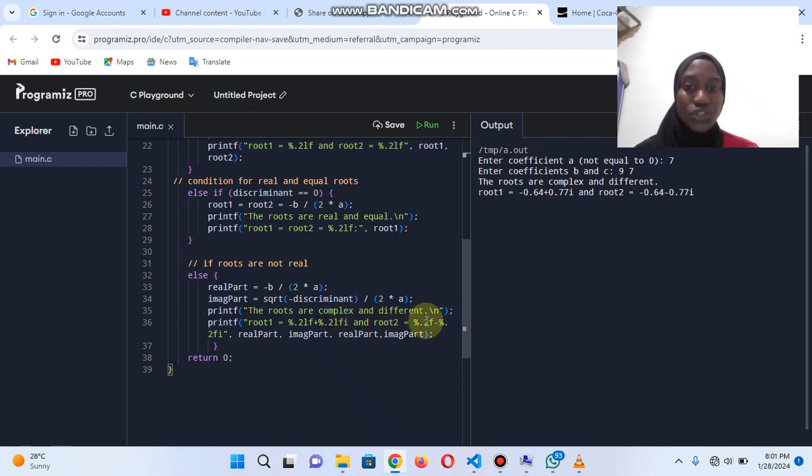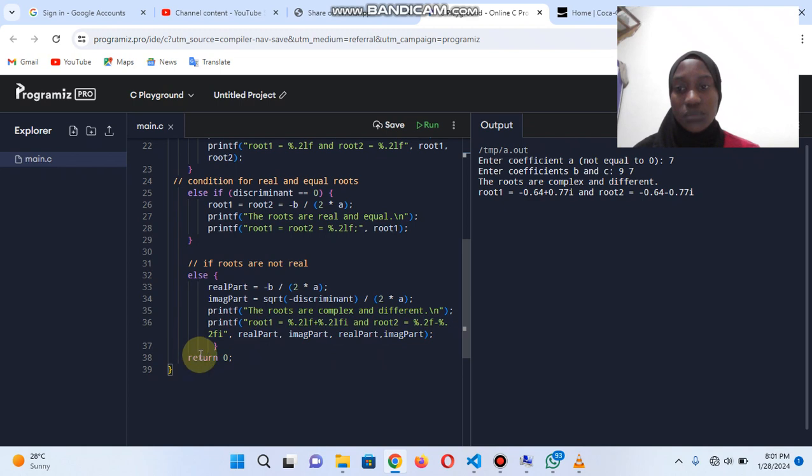And root 2 is going to have this minus this i. This is its real part and this is its imaginary part. The i indicates the complex. As you see here, the real value is going to come here, and the imaginary value is going to come here. Still, this real part is going to come here, and the imaginary part is going to come here.